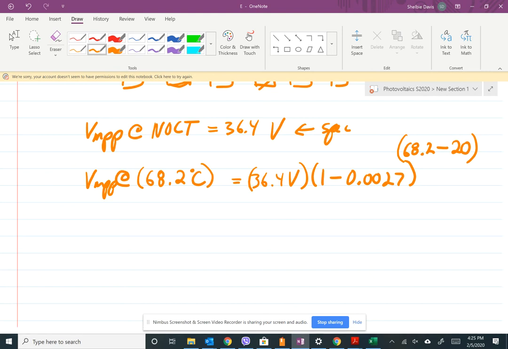So important to note that. And then we'll multiply that by 13. Okay, so can somebody calculate that for me, please?